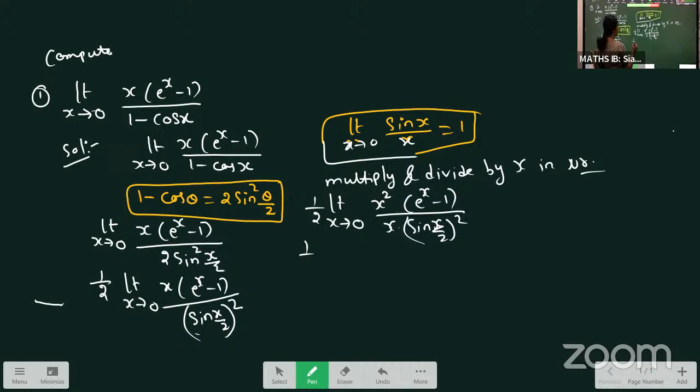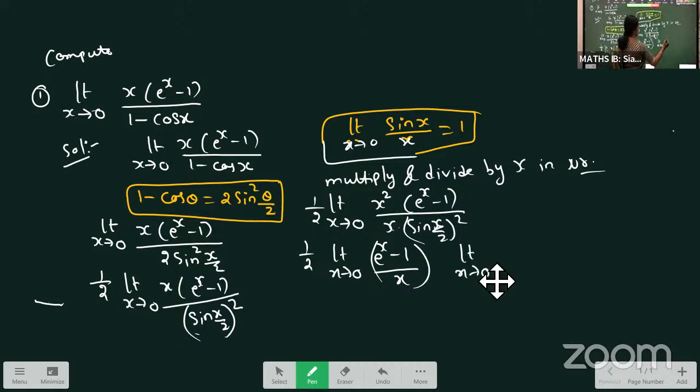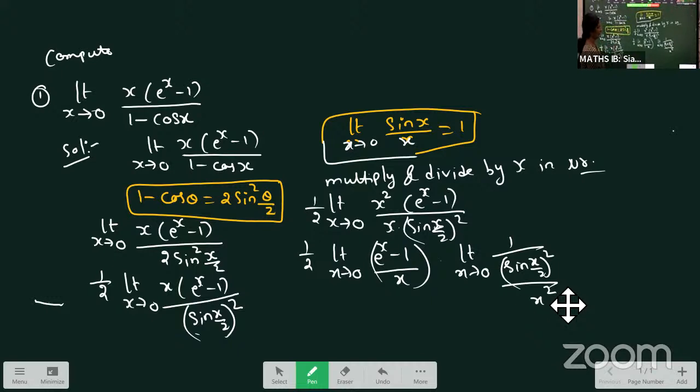Now, 1 by 2, limit x tends to 0. First write e power x minus 1 by x as one term. Next, limit x tends to 0, 1 by sin x by 2 whole square; in the numerator x square, divide by x square here.